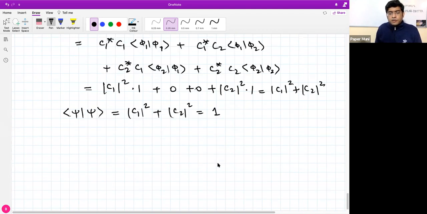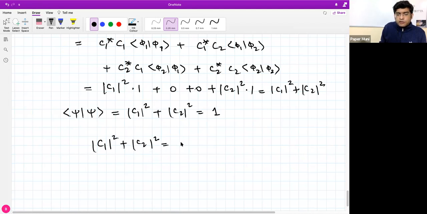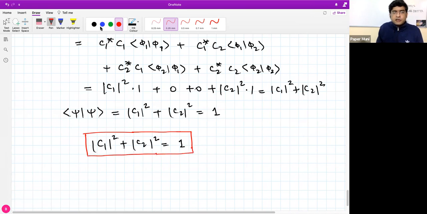This is the normalization condition for a two-level quantum system. This should hold if c1 and c2 are the probability amplitudes of the corresponding psi1 and psi2 states.